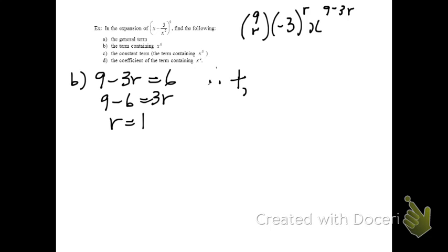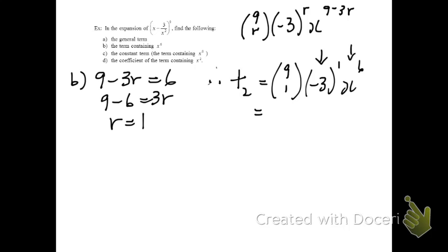So it'll be term 2, which is going to be equal to 9 choose 1, negative 3 to the power of 1, and x to the power of 6. Okay, and I probably shouldn't have rearranged the negative 3 and the x, because this is in fact my b and this is my a. But anyway, when we expand this out, we get 9 choose 1, and then we multiply that by negative 3, so we get negative 27x to the power of 6. So it's term 2, and that is in fact what the term is.